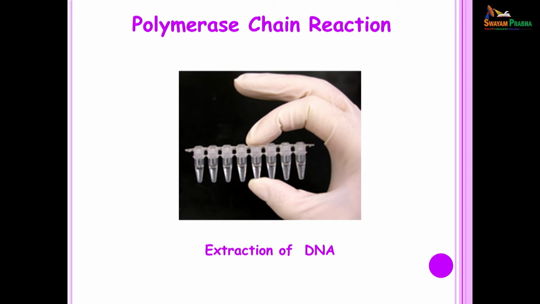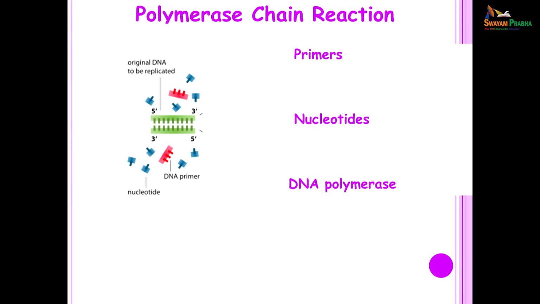You have taken the CSF sample, you are going to put it in these tiny little tubes called microvials, and you are going to extract the DNA with the help of certain chemicals. Once this DNA is extracted, we are going to add primers which correspond to the particular pathogen we are looking for. We are going to add nucleotides and we are going to add DNA polymerase.